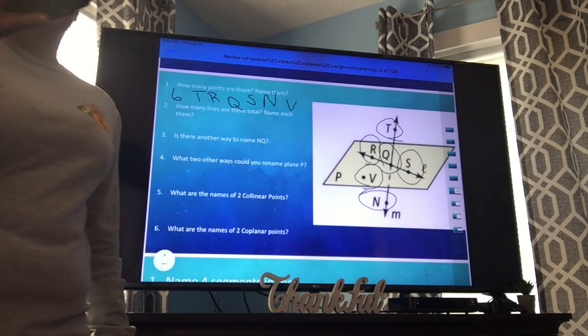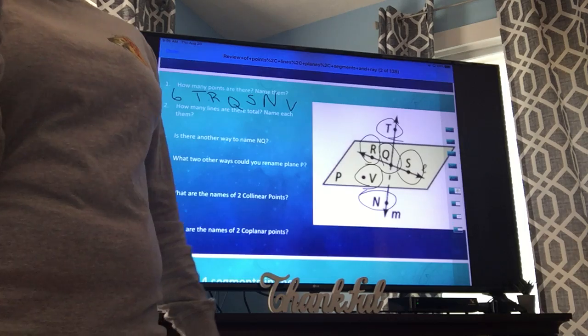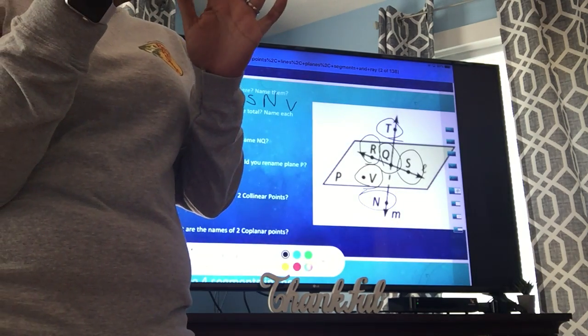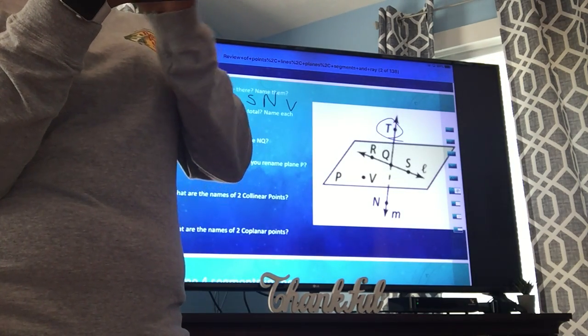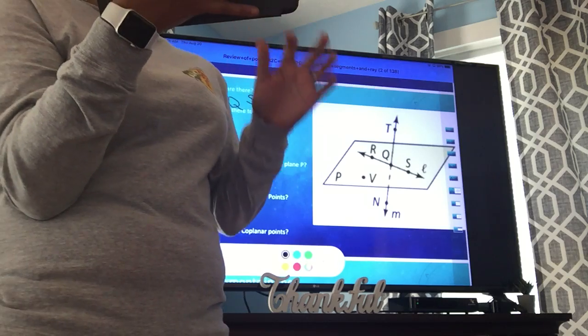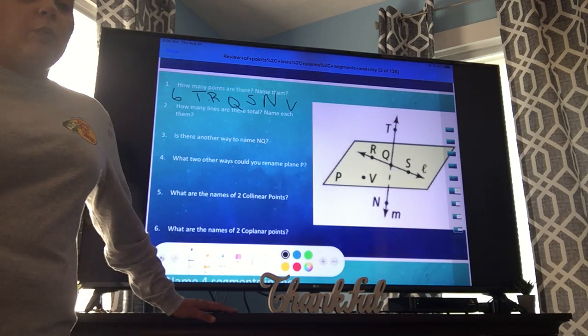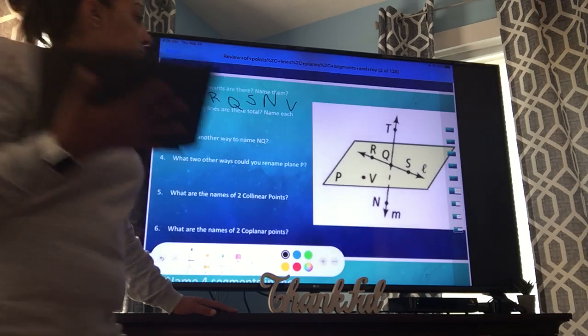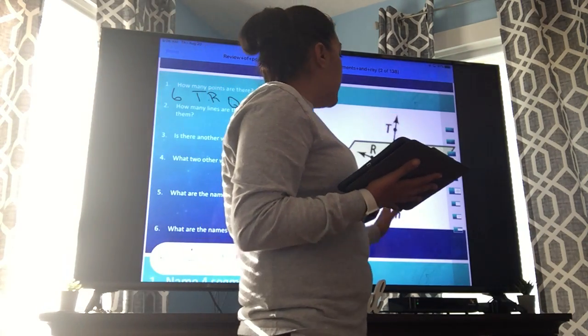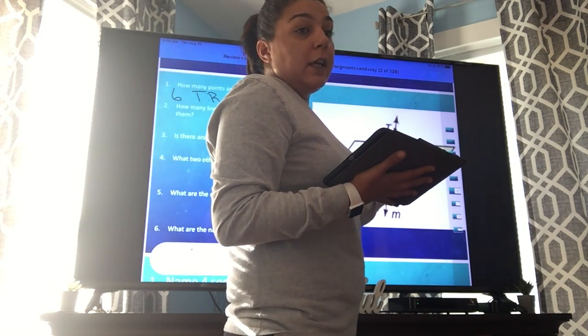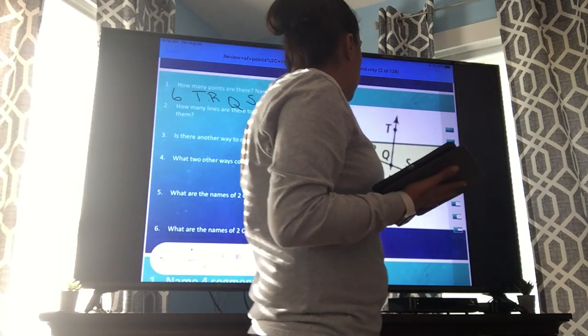Okay, it says, how many lines are there total? Name each of them. And I'm going to go through here and erase this. Now, we talked yesterday about how we can name lines. Obviously, there's plenty of ways that we can name lines. So there's one line that's kind of going up and down, and one line that's going across.